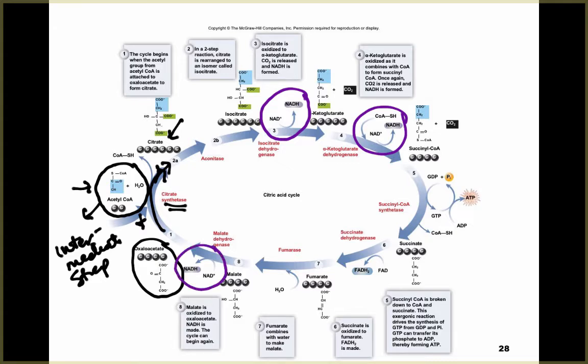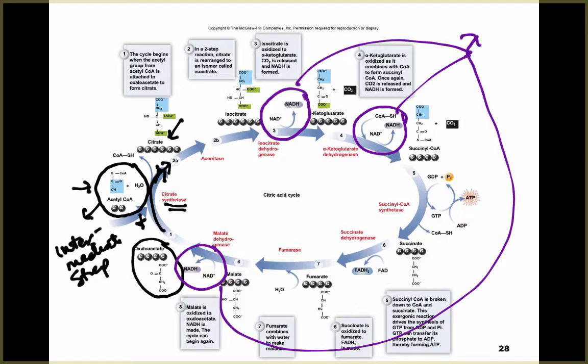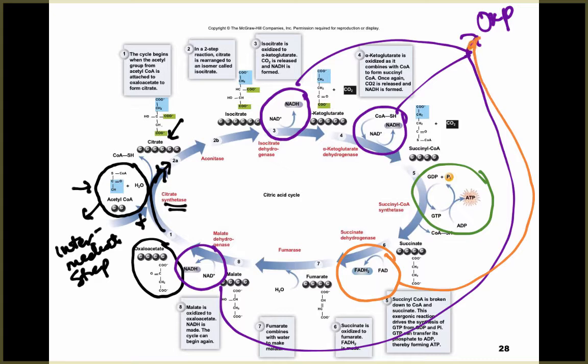And all of these are going to go out to the last step, or they're going to be for some other kind of reaction. Then if you look, we have ATP happening here, right? And so this is an energy molecule. And the last thing that's important to realize here is we are making one more electron carrier, which is FADH2. And this guy is going to go with these guys.